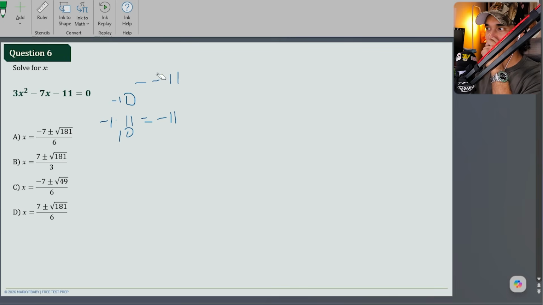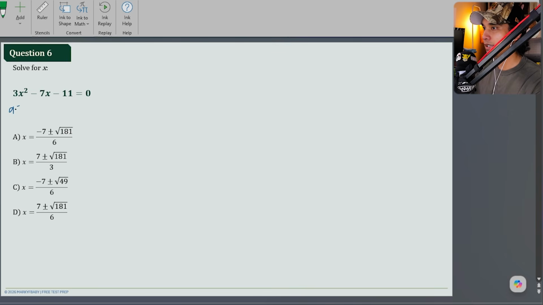So we need to erase everything, and now we must use the quadratic formula. So what is our A, what is our B, and what is our C? Well, A equals 3, B equals negative 7, and C equals negative 11.